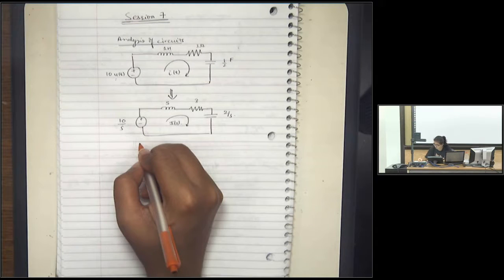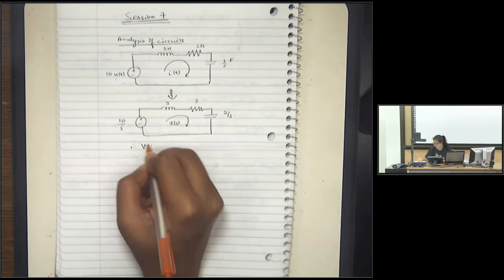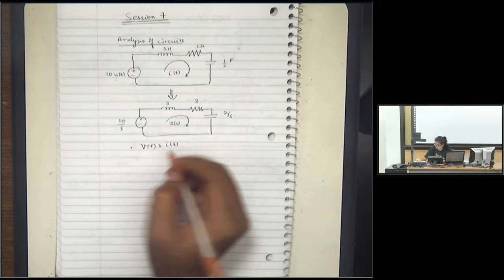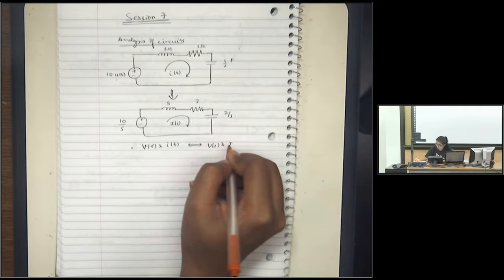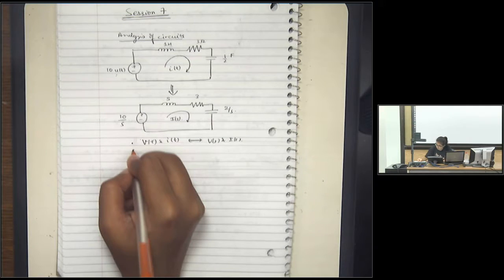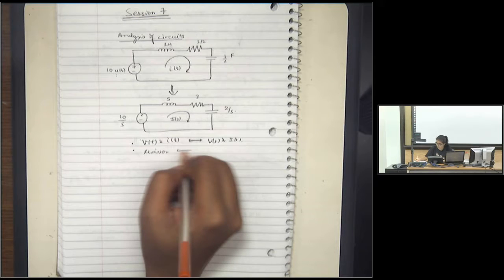So just to point out, our voltage supply v(t) and current i(t) transform to V(S) and I(S). Our resistor remains the same, you just get the resistor value.